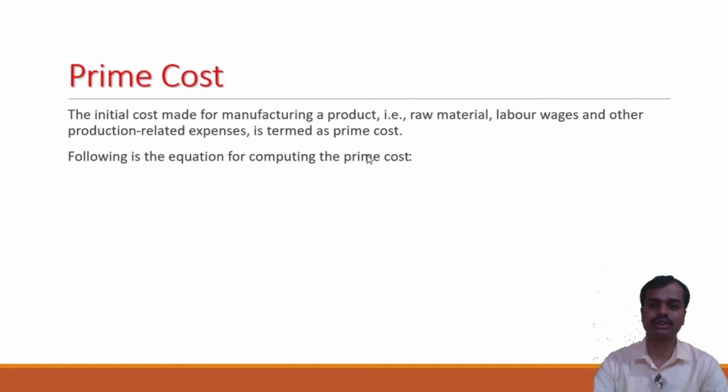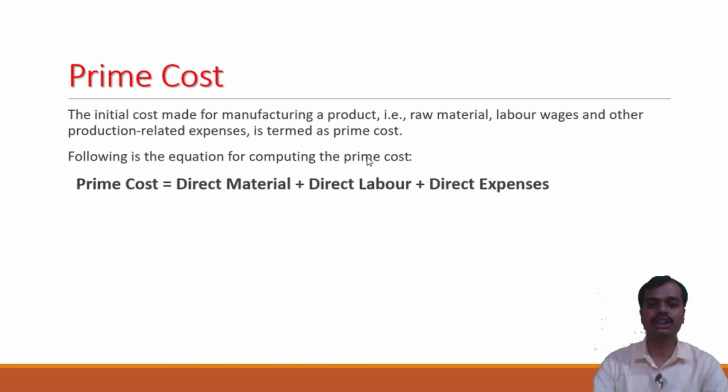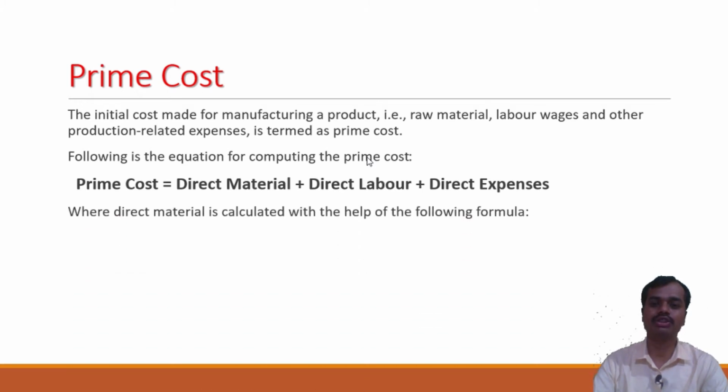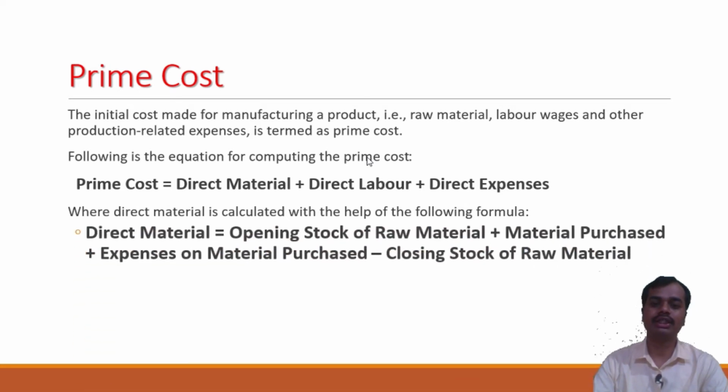Prime cost is equal to direct material plus direct labor plus direct expenses, where direct material or cost of material consumed is calculated with the help of the following formula. Direct material, or cost of material consumed, is equal to opening stock of raw material plus material purchase plus expenses on purchase minus closing stock of raw material.